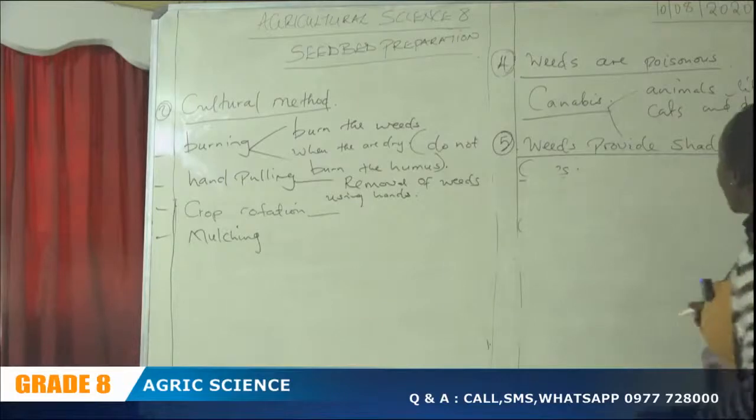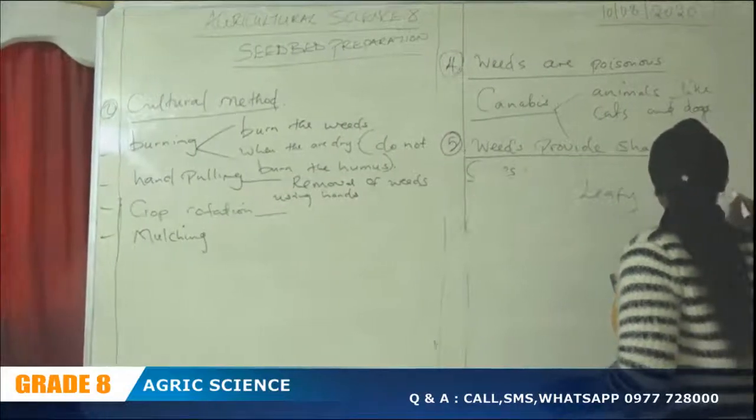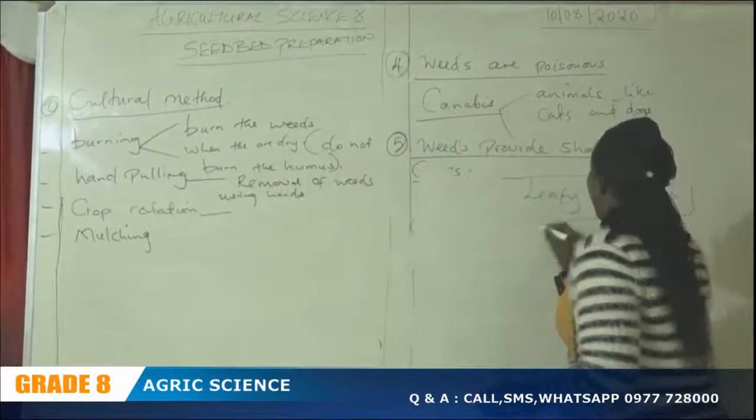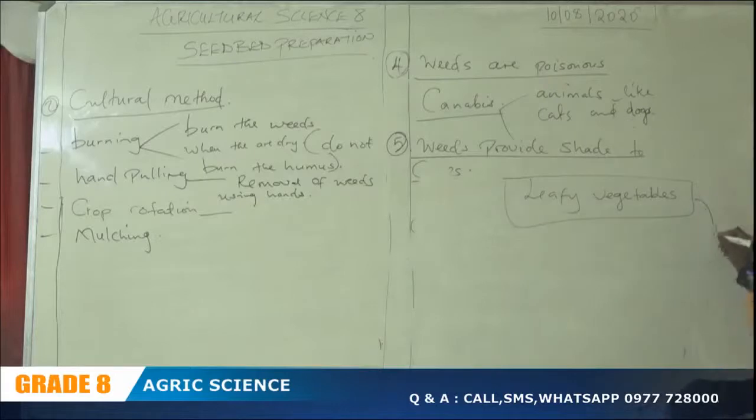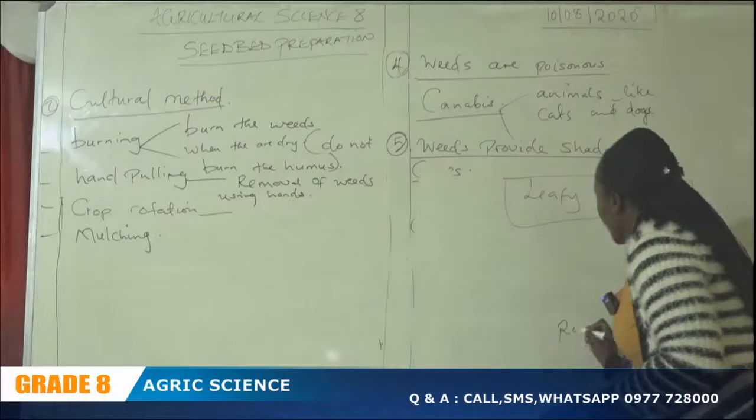Okay, so we said leafy vegetables was the first one. This is a plant that we drew on Friday. Then the legume vegetables was the second one. Then here we had rooty vegetables.